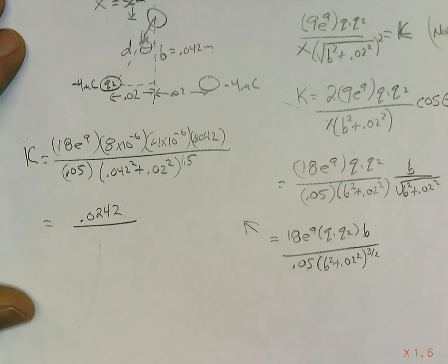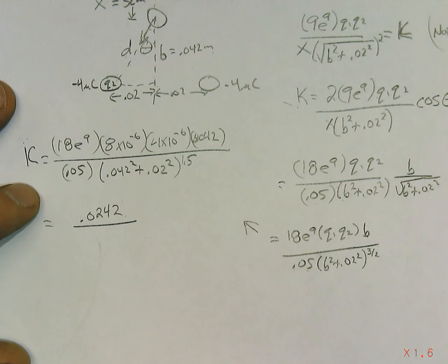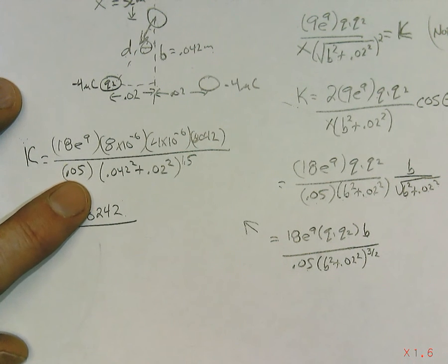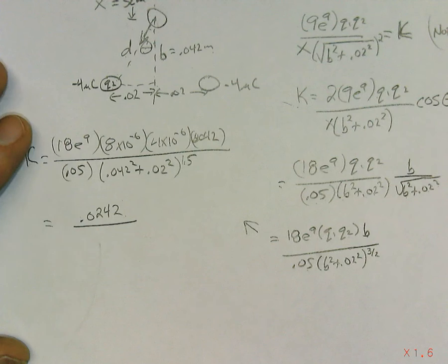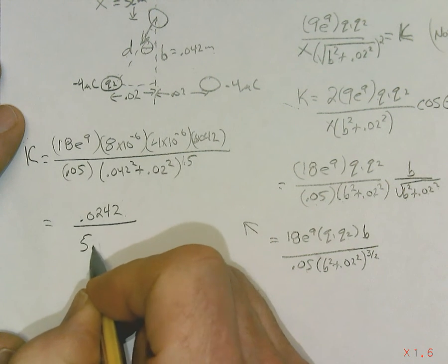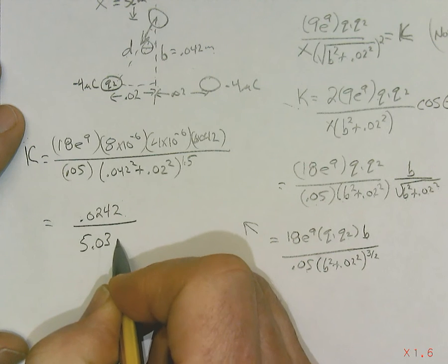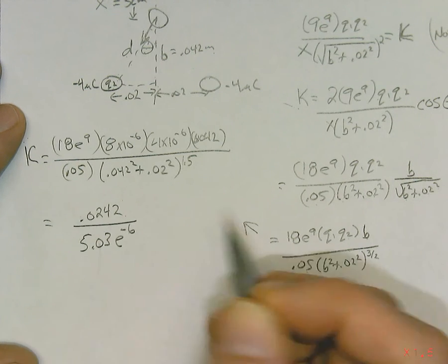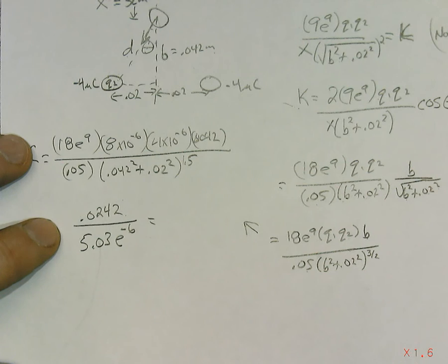I don't know what I'm showing you, that I can't use the calculator very effectively. Okay. Quantity 0.042 squared plus 0.02 squared, quantity raised to the power 1.5. Enter. This number here in the denominator for me is 5.03e-6.